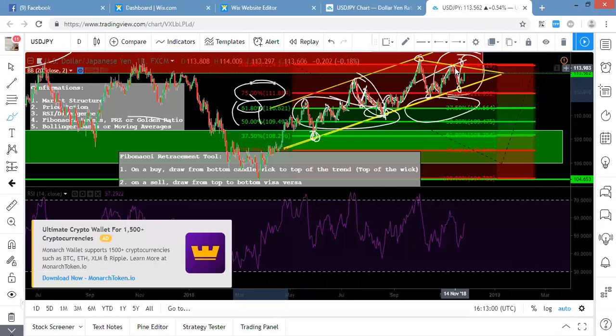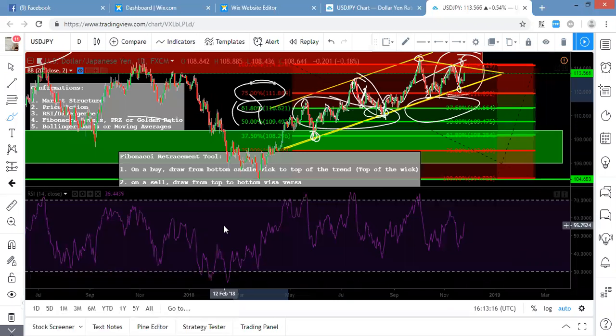So any level really where price is going to reverse is a PRZ, but the main price reversal zone is always going to be between the 50 and the 61.8, okay? So I'm trying to think here if there's anything else I really need to cover in terms of this. I think that pretty much sums it up for this, okay?